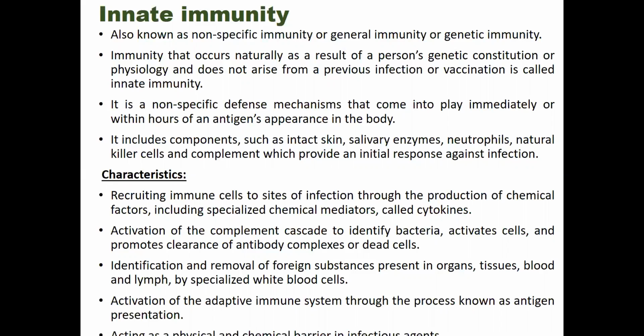Here are some characteristics of innate immunity. It recruits immune cells to sites of infection through the production of chemical factors, including specialized chemical mediators called cytokines. It activates the complement cascade to identify bacteria, activate cells, and promote the clearance of antibody complexes or dead cells from the body.